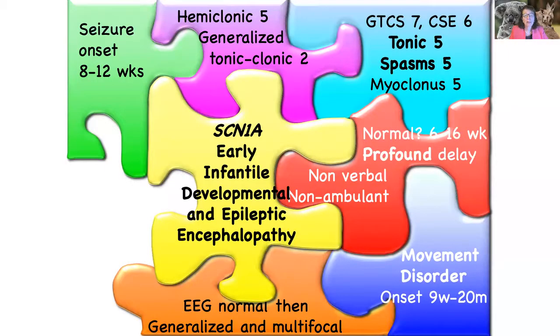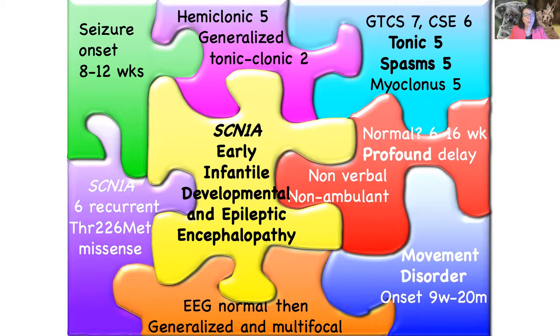Their EEG was similar in that it was normal initially and then showed generalized and multifocal epileptiform abnormalities. And interestingly, 6 of our 7 patients had exactly the same mutation, a recurrent threonine 226 methionine missense mutation.